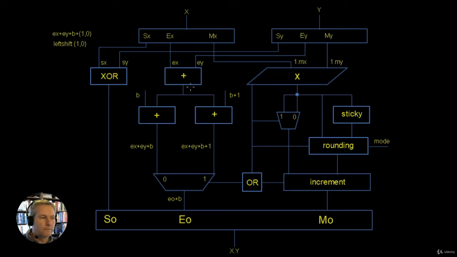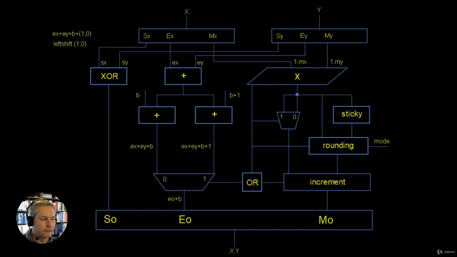So we're going to have our addition ex plus ey, and we're going to have the ex plus ey plus the b, and we'll have another copy of it, ex plus ey plus the b plus 1. And then we have to make a choice between these two, and the choice we make between these two is going to come from the 48th bit of the multiplication.